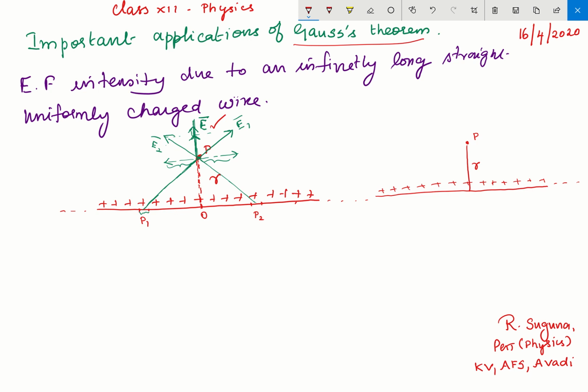So which is the proper Gaussian surface?